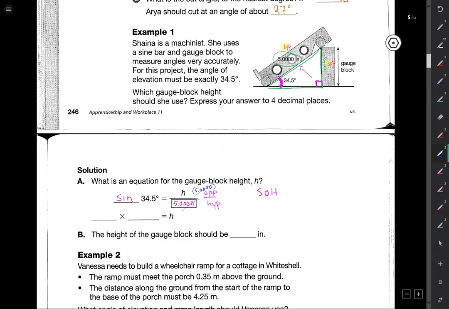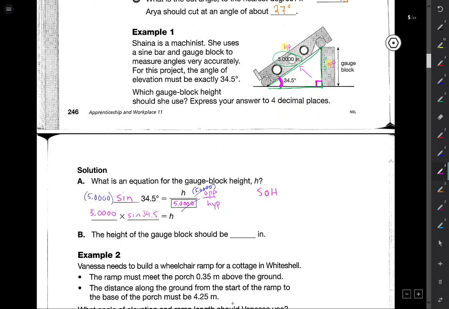But whatever we do to one side of the equal sign, we have to do to the other. So I'm also going to multiply this side by 5.0000. That's why in the next step we end up with 5.0000 times sine of 34.5.